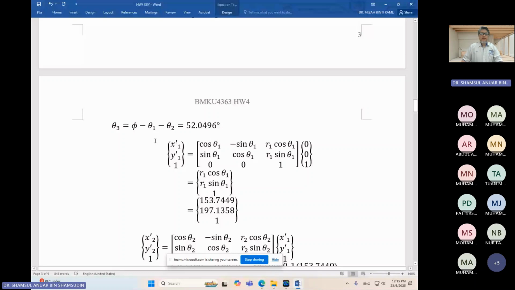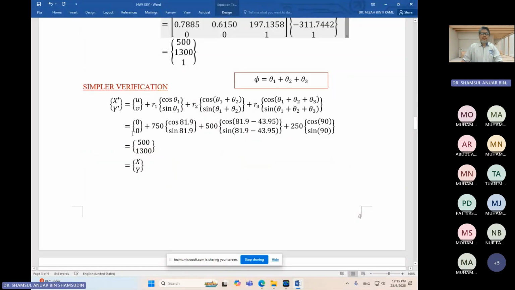Okay, and then always do the verification. You put back whatever you found for theta 1, theta 2, and theta 3.